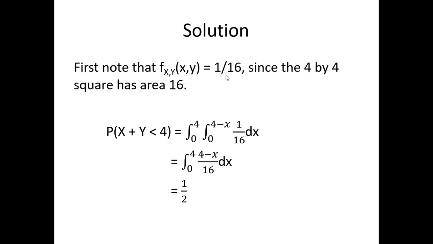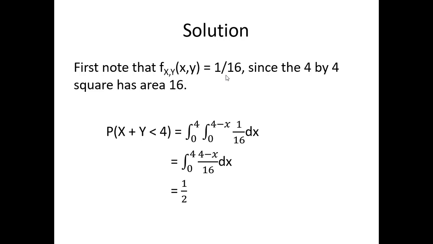Now, we have to think about the region x plus y less than 4. So remember, we are in the first quadrant, the region x plus y less than 4. If you wanted to graph it, I suggest that you draw the first quadrant, and then we have this line x plus y equals 4, or solve it for y. Y is 4 minus x, and we want the region x plus y less than 4.